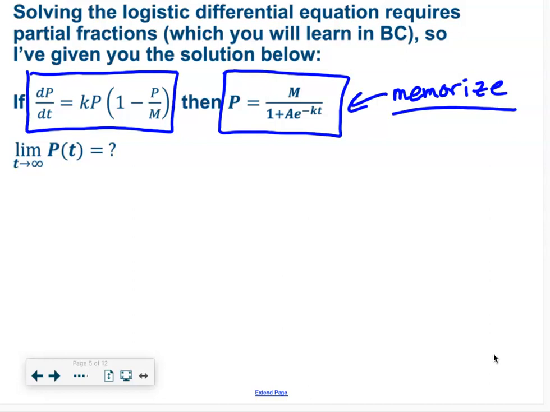Okay? It's not that bad. What does M represent? The carrying capacity. So your population is the carrying capacity over 1 plus Ae to the negative kt. So M over 1 plus Ae to the negative kt.